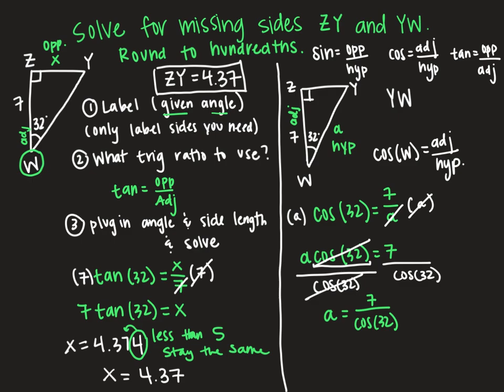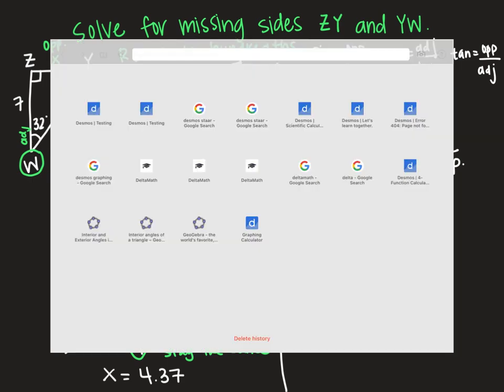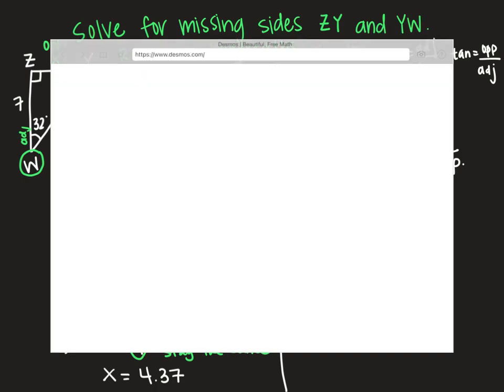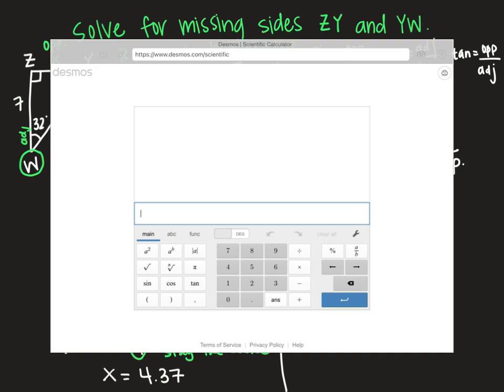So I'm going to go back to Desmos, go to the scientific calculator and do 7 divided by cosine of 32. And that's my value. I have 8.254.